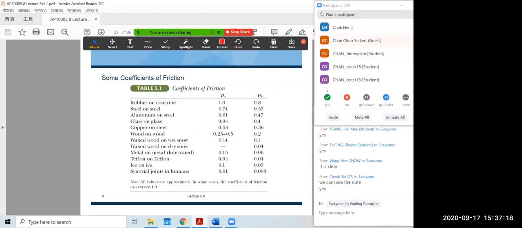On the other hand, if you have a very smooth piece of steel put on another smooth one, then the coefficient of friction would be much reduced. So the numbers are just for reference, and there is no particular value in memorizing them.